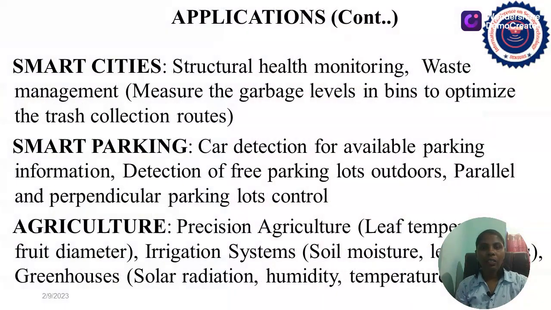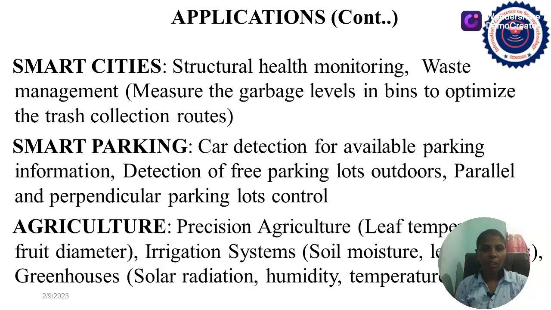The next one is smart cities. Smart city is a new application now being developed, and in such applications our sensor nodes play the main role, so wireless sensor networks are also a main part.